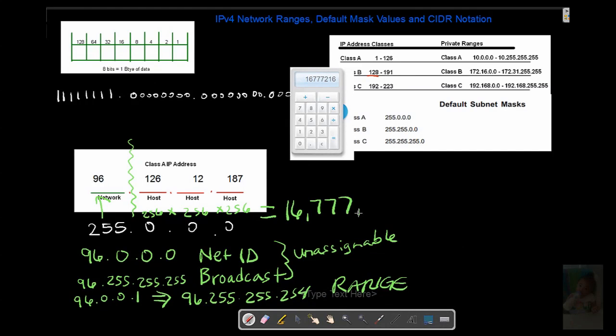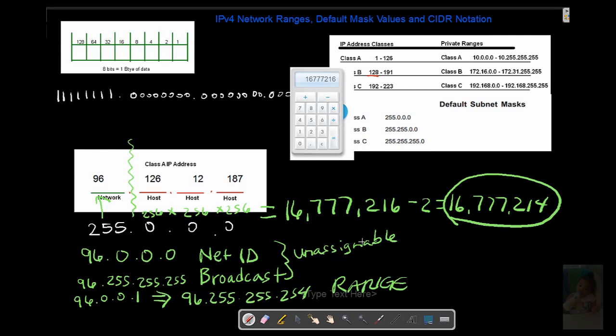But that is the total possible unique addresses. The total possible hosts, you have to take 2 out of there because our net ID and our broadcast are not assignable. We can have that many possible hosts. That is a lot of hosts to put into a network.